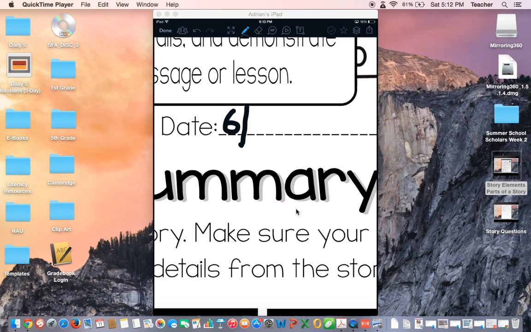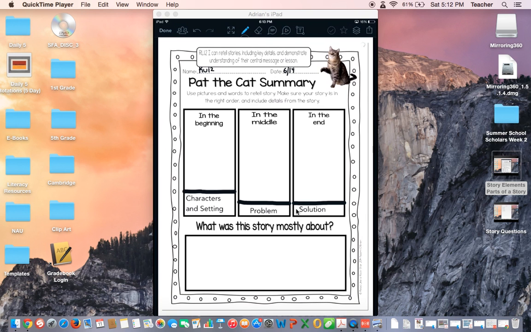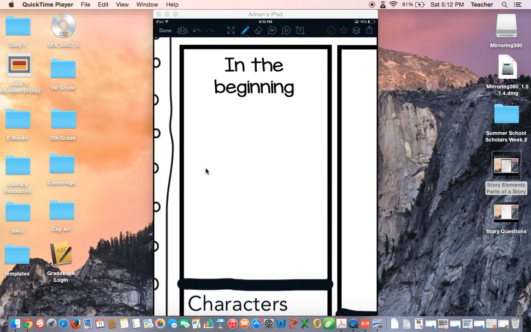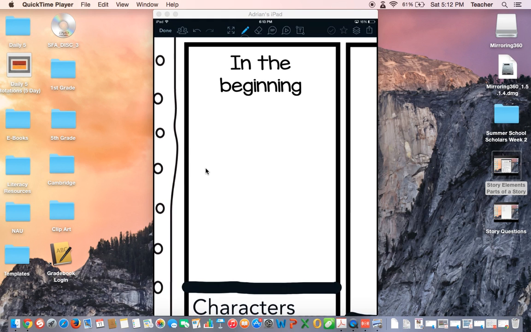You can pick if you want to write it in words or in numbers. This is definitely an assignment that you want to make the screen bigger for so that you have lots of room for your drawing and words. In the beginning of Pat the Cat, we know that Pat and Dog were outside playing.